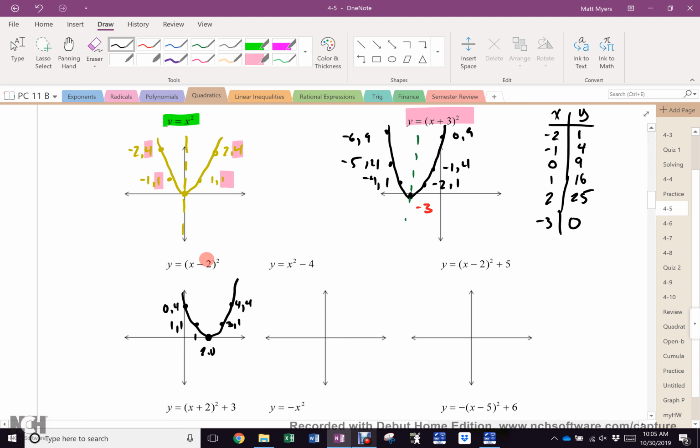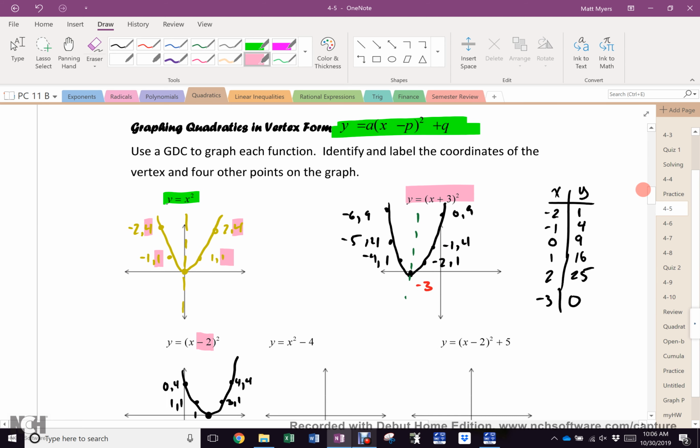If I have a number with my x in brackets, where does that vertex slide? You've just done it twice. One of you can put this together. It's the opposite to that number. So now let's look up at our new form. Where do you see that number?